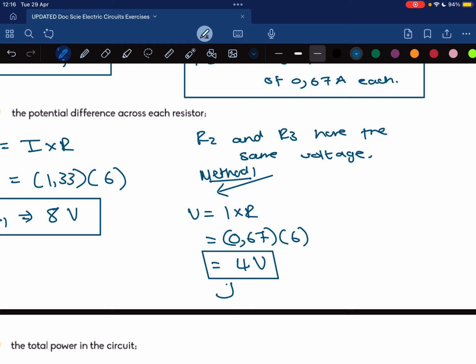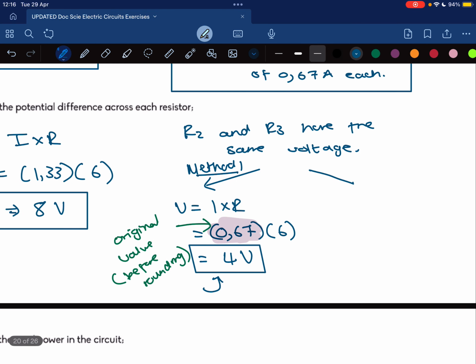Remember that's if you use this one, let me highlight it for you. Make sure that you use the original value, so before rounding. That's why the other method might be a bit easier.